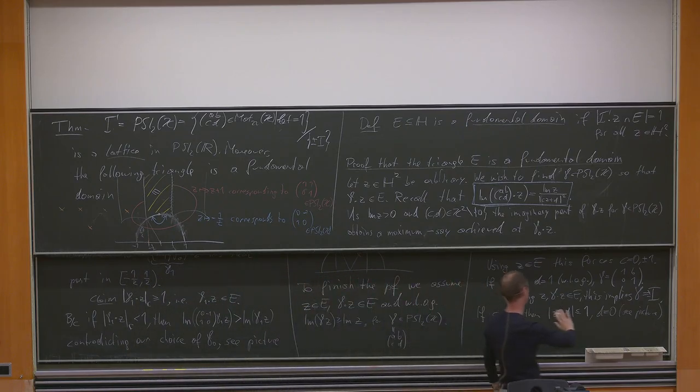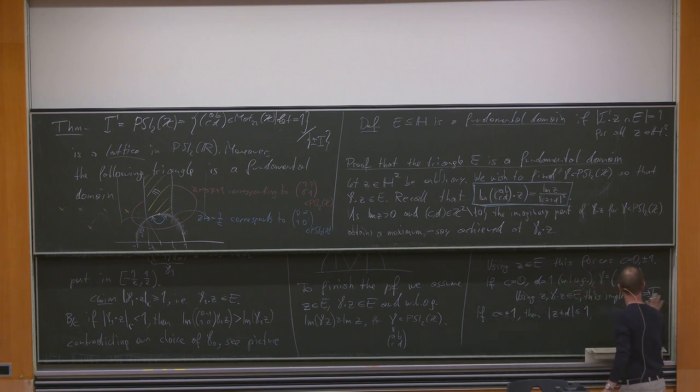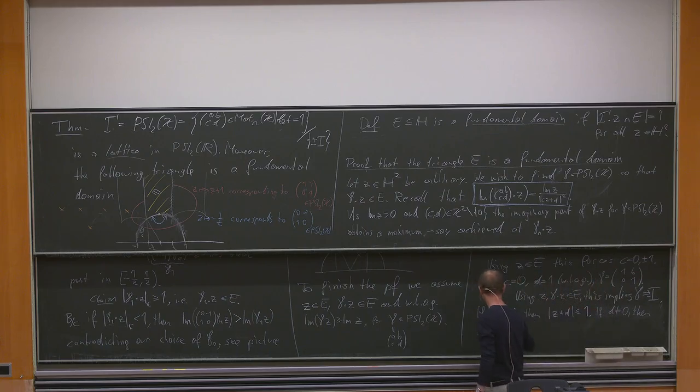So maybe I should talk about that. If D is not equal to 0, then Z must be the third root of unity.